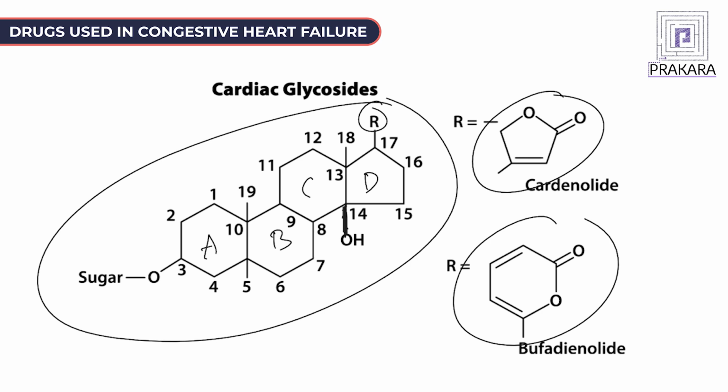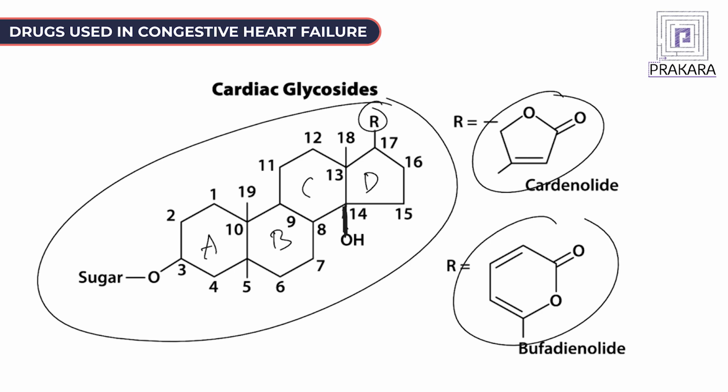If the lactone is a 5-membered alpha beta unsaturated lactone, they are called cardenolides, mostly seen in families like Apocynaceae and Sterculiaceae. If the lactone is a 6-membered lactone, the compounds are called bufadienolides, mostly seen in families like Ranunculaceae and Liliaceae.